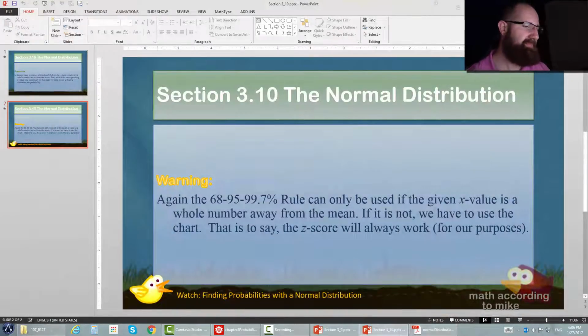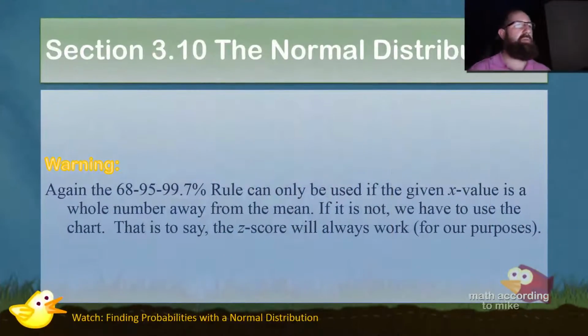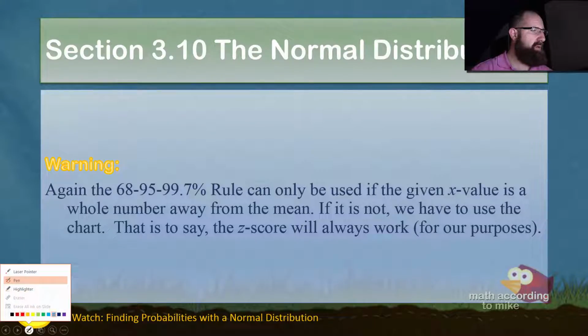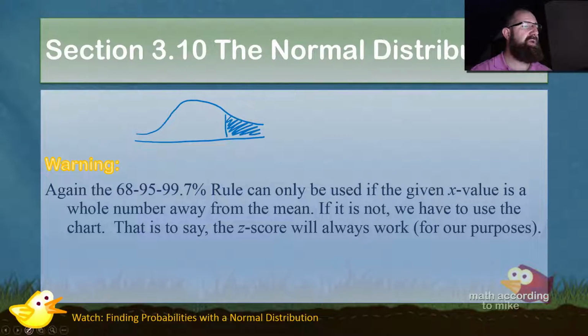The whole idea is that, let me just make a curve. Oh, that's a horrible curve. Let's suppose they wanted you to find this. That shaded region will not be given to you on the chart.